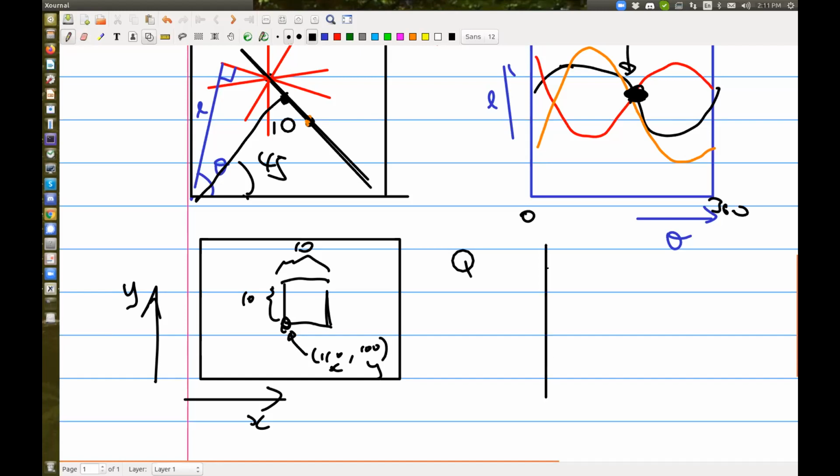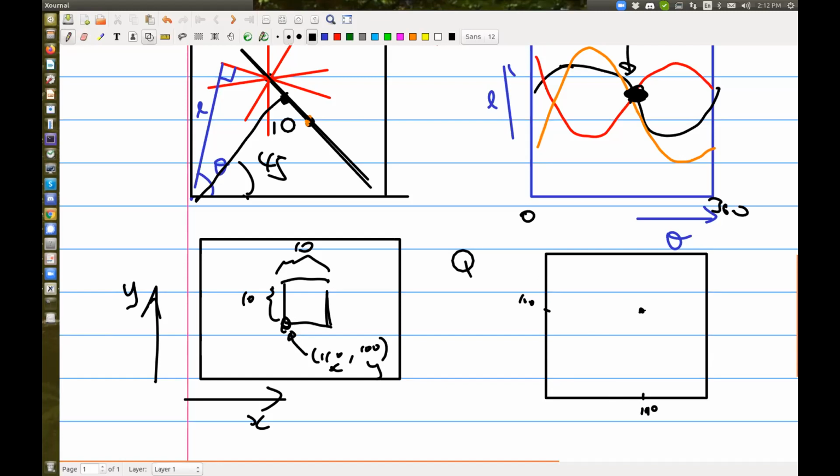So in the parameter space, if I have a square like this, you expect a high activation at 110 and 100, exactly here.